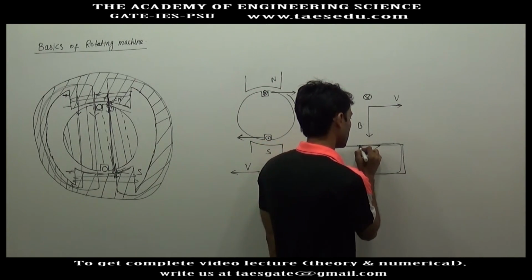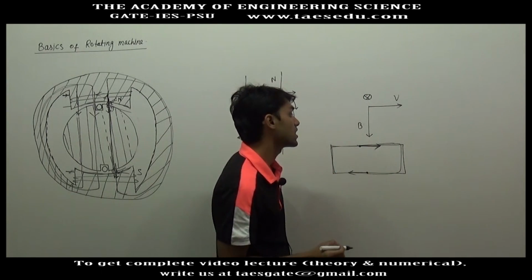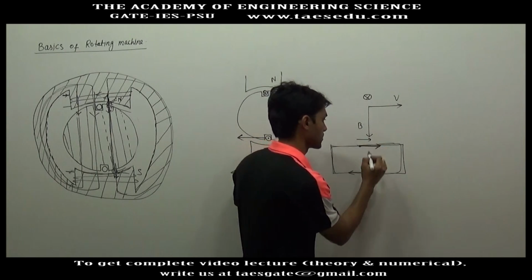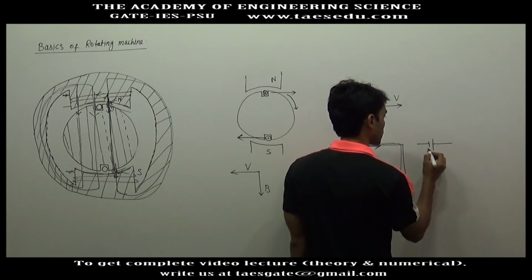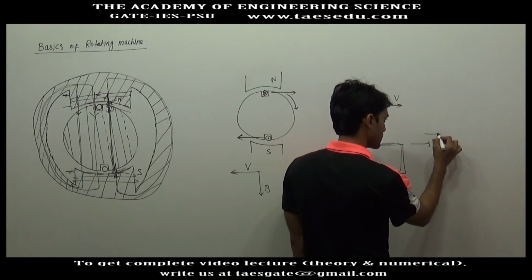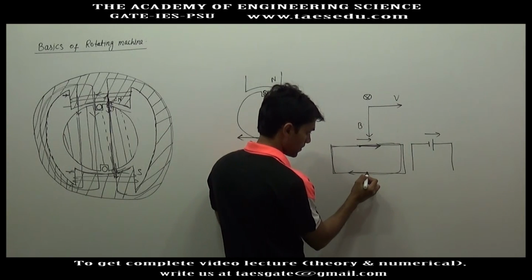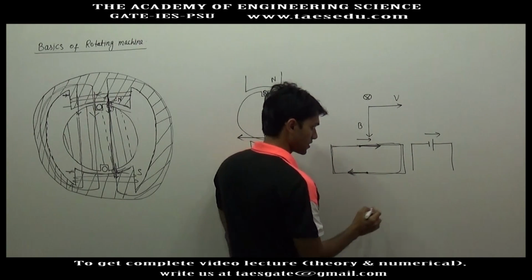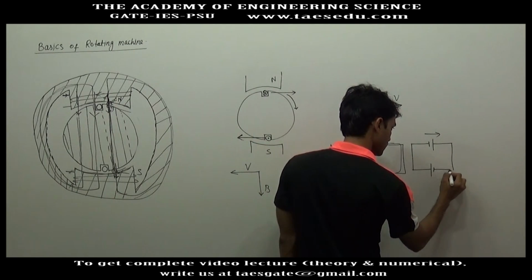If here the force on the charge is in this direction, we will say the direction of the electromagnetic force is in this direction. So we will make a battery showing that it will try to move the charge in this direction. Similarly, here the direction of force is in this direction, so we will make a battery showing that.